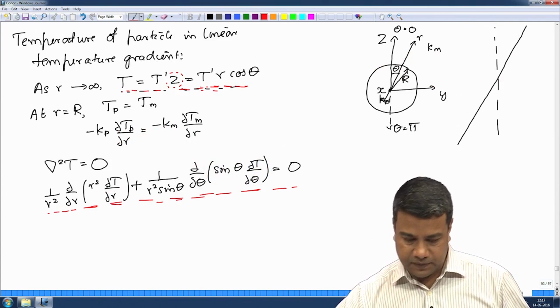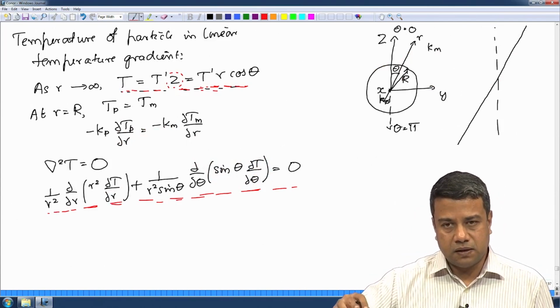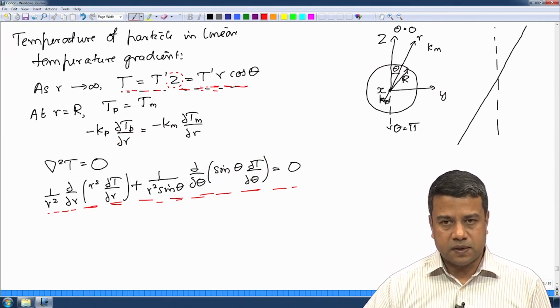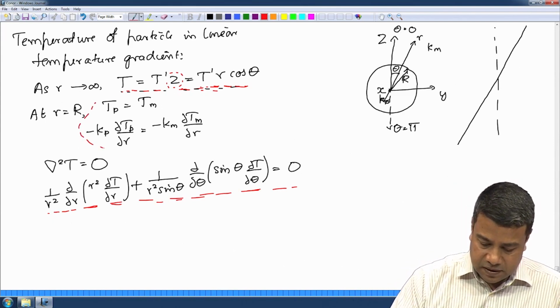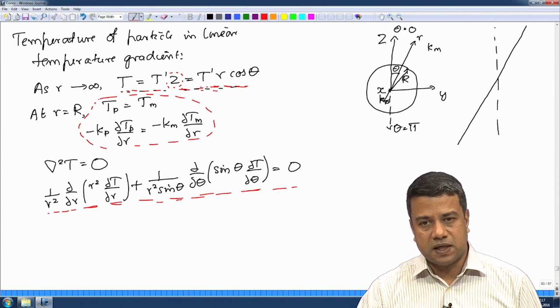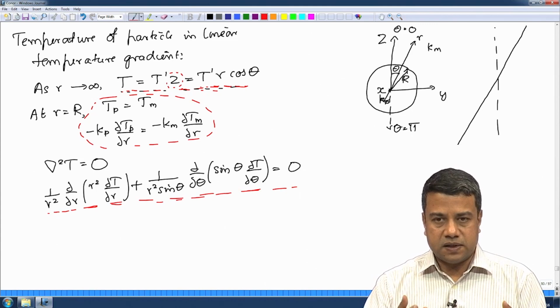How do you find the temperature gradient in one particle which is placed in a temperature field which is a linear temperature gradient far from the particle, and which also satisfies the temperature and the flux boundary conditions at the interface between the particle and the matrix. At the interface, the temperature has to be the same on both sides because temperature has a unique value at each position.